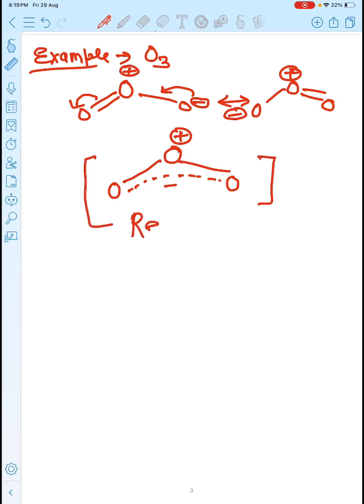This is your resonance hybrid. Hope you all understand what I'm trying to say. With the O3 molecule, you can understand the delocalization or the shifting of pi electrons within the molecule only.